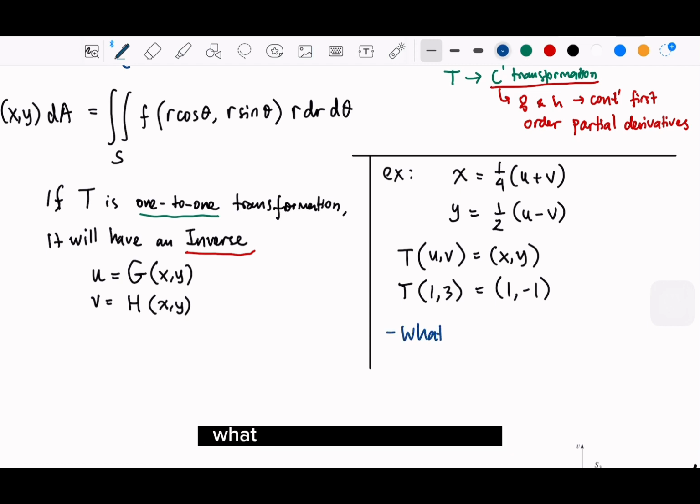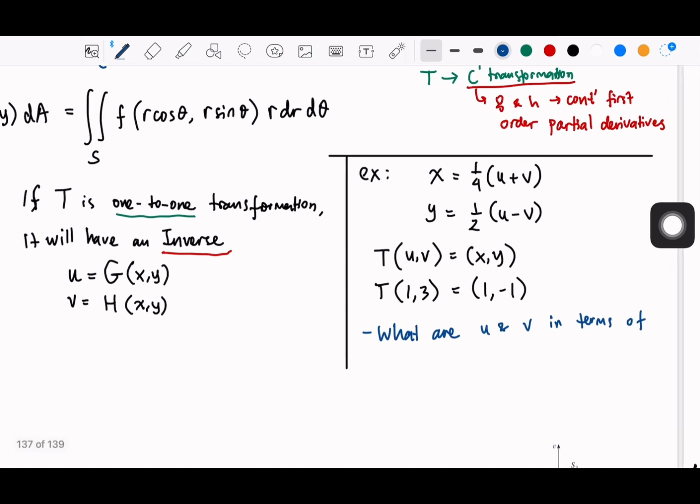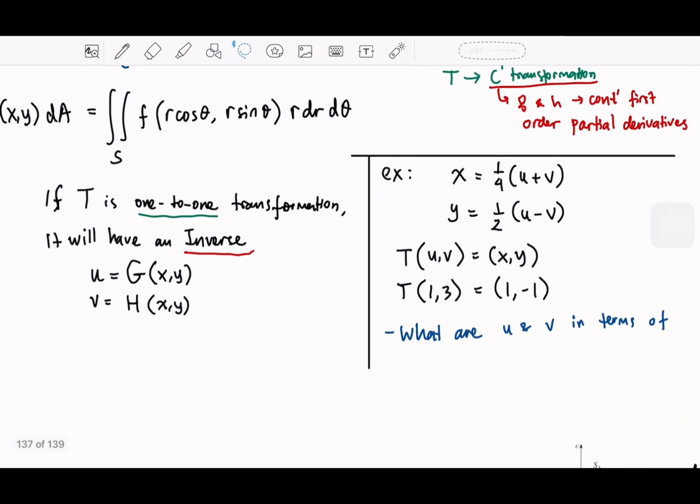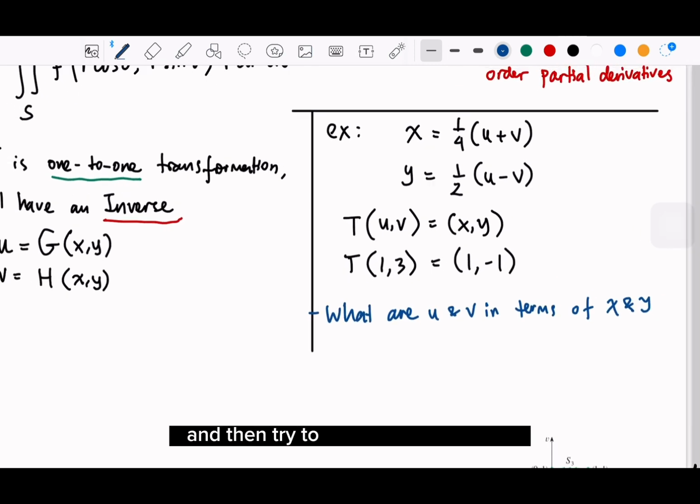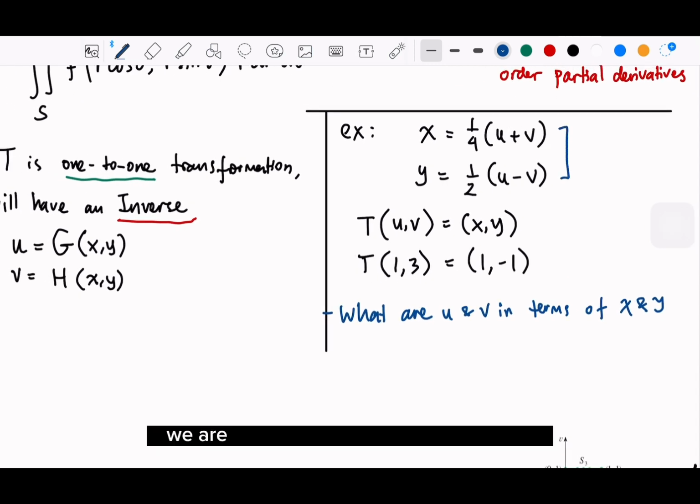What are u and v in terms of x and y? Okay, let's say that. So let's just solve and then try to simplify from these two. Okay, we are going to write in terms of u and v.